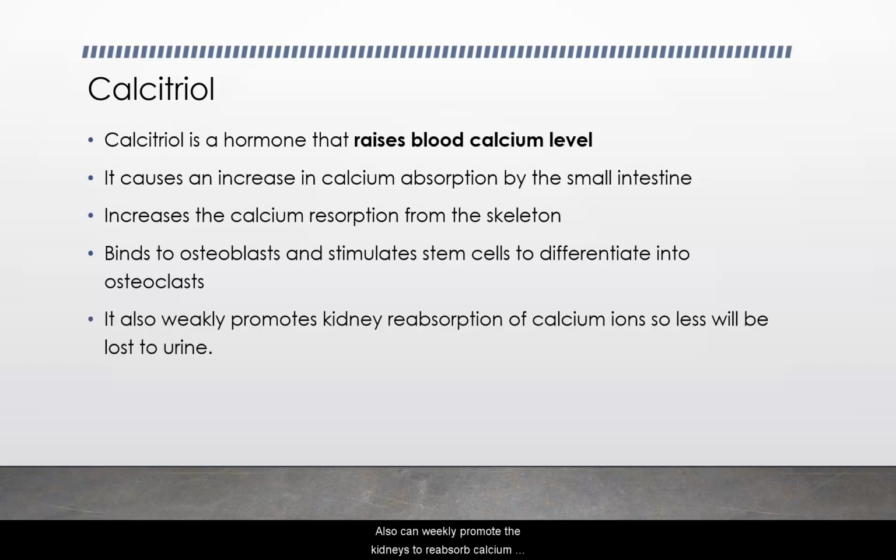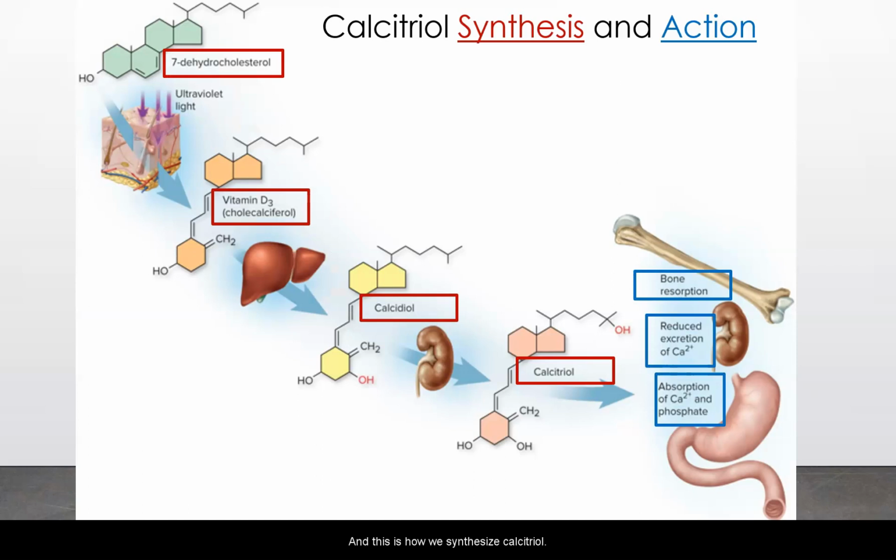It also can weakly promote the kidneys to reabsorb calcium ions so that less of it will be lost to your urine. And this is how we synthesize calcitriol: 7-dehydrocholesterol, through UV light, gets changed to vitamin D3, which gets changed to calcidiol in the liver, which in the kidneys gets changed to calcitriol.